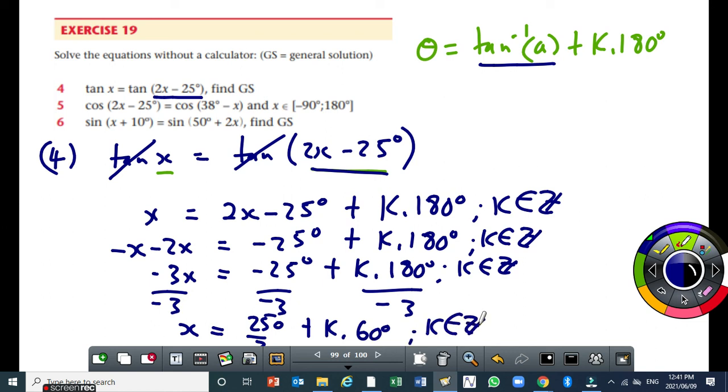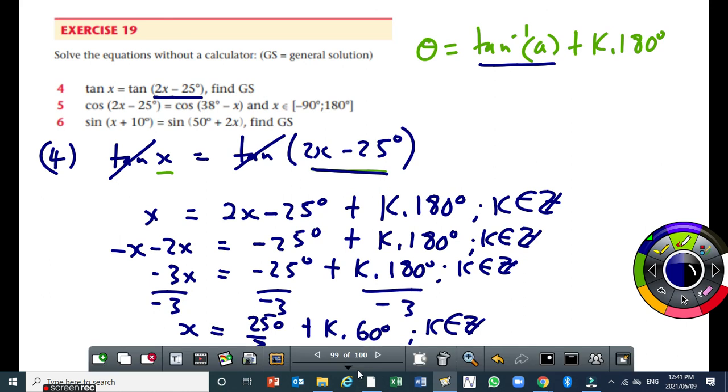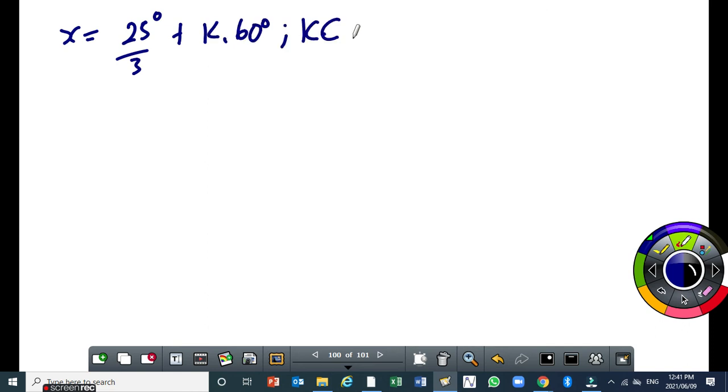So the final answer, since we are not supposed to use the calculator, we can write it as x equal to 25 degrees over 3 plus k times 60 degrees, where k is an integer.